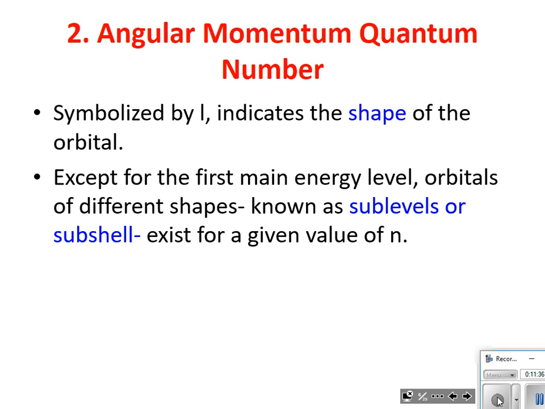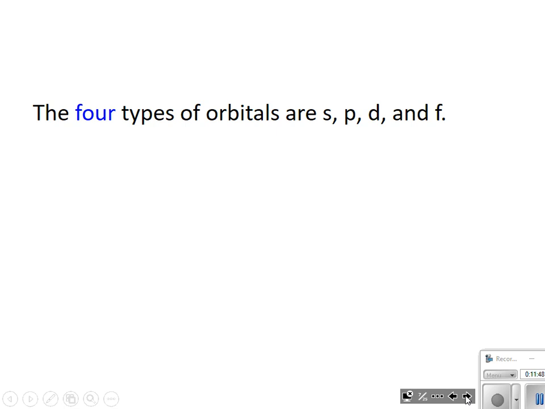Those sublevels we assign letters to. So, the sublevels will be indicated by 4 different letters, because there are 4 types of orbitals: s, p, d, and f.